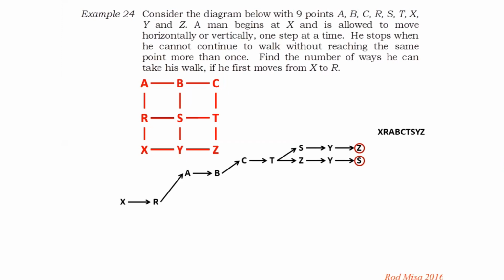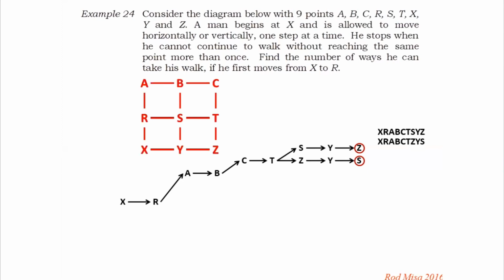So tracing in the red diagram his path of walk using the black color, he starts from point X and then R, A, point B, point C, point T, point Z, point Y, and then point S. So he stops because he cannot move anymore since he has passed already these points B, T, and Y as his options to move. So the pattern of his walk is X, R, A, B, C, T, Z, Y, S there.